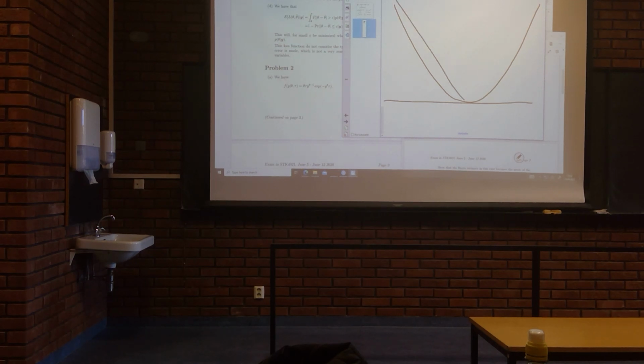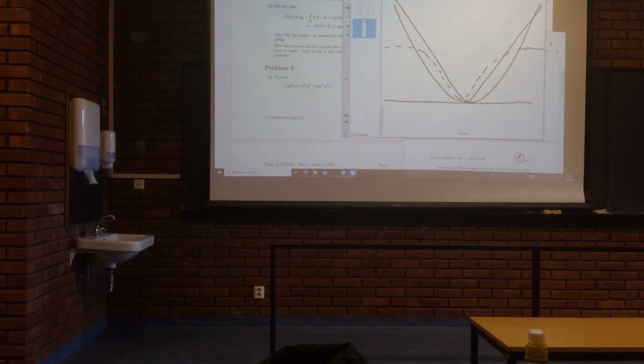We had this absolute value. But it might be that, for instance, something like this would be easier, in that you might say that the difference between an error of 1 and 2 is much worse with 2 than 1.